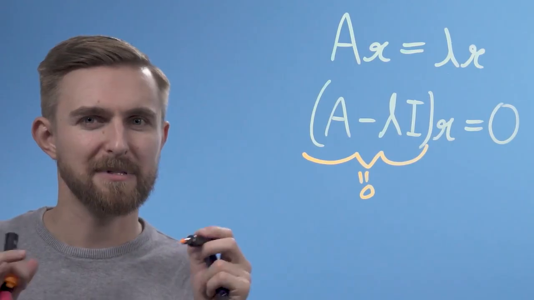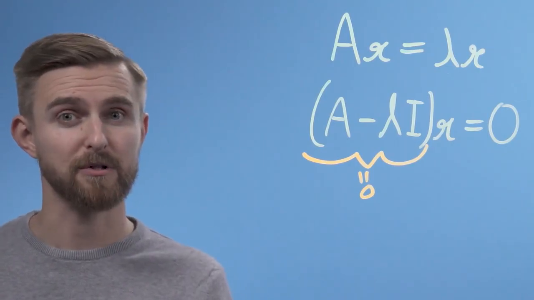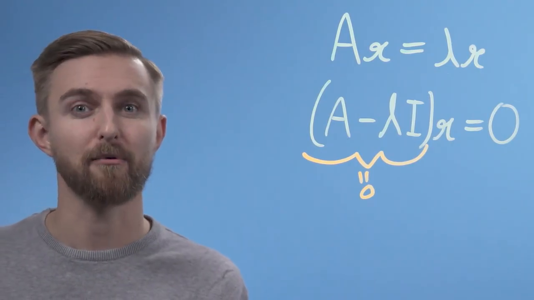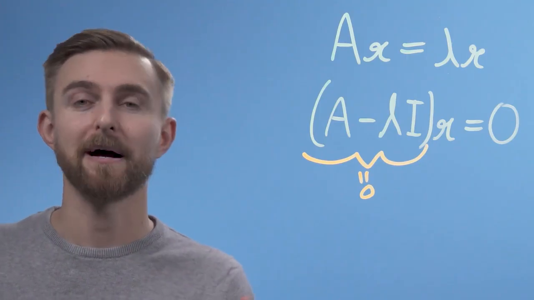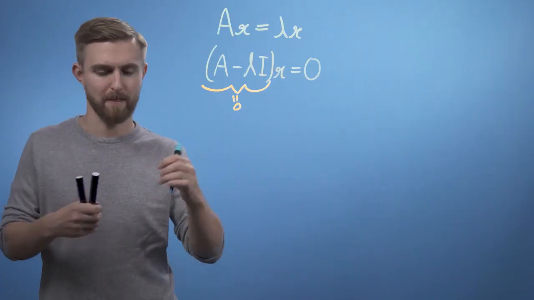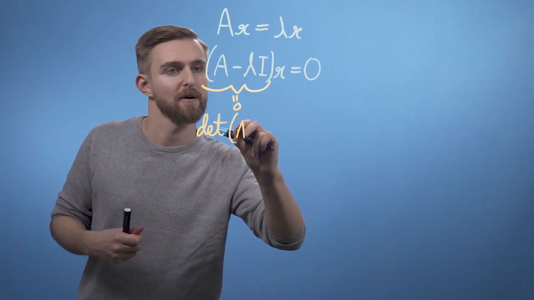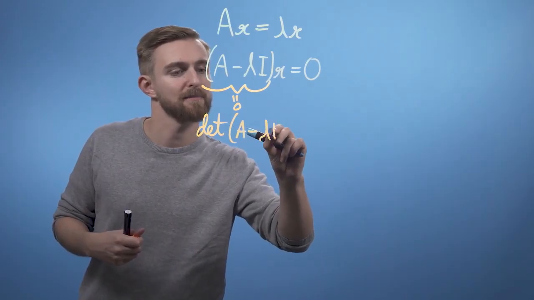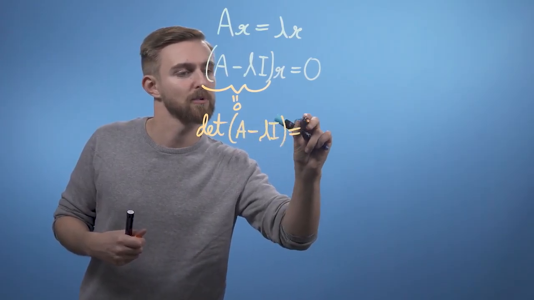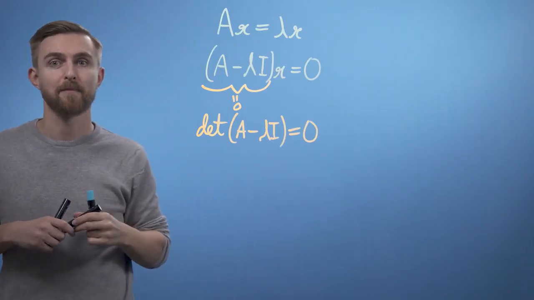Referring back to the material in the previous parts of the course, we can test if a matrix operation will result in a 0 output by calculating its determinant. So, det of A minus lambda I equals 0.